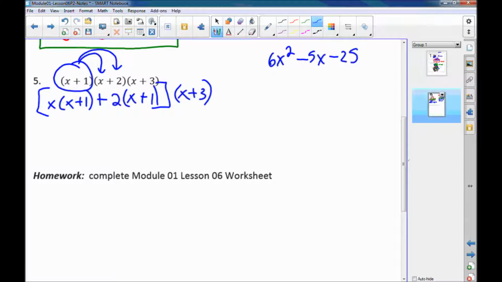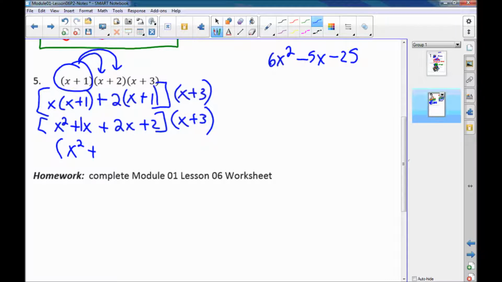This inside of here is going to be x squared plus x plus 2x plus 2. And then we're timesing that by x plus 3. All right, so before I do that multiplying, I'm going to go ahead and combine the like terms in my first one. So I have x squared, and then 1x plus 2x will make 3x. And then I'm timesing that by x plus 3.